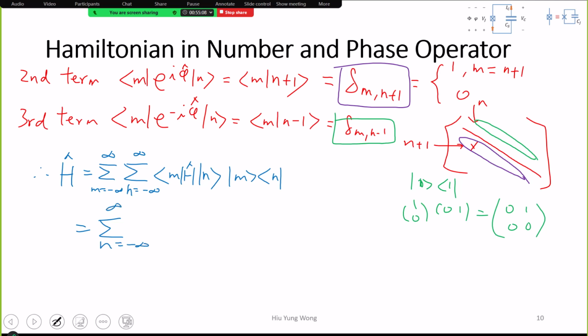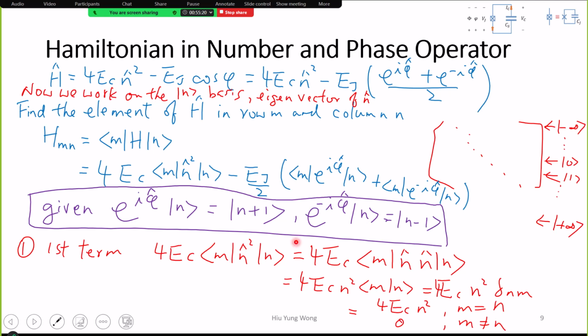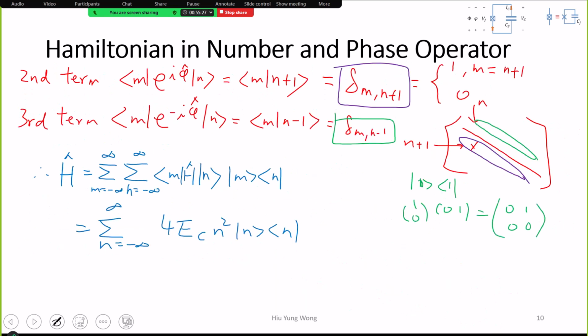And then I plug in. For my first term, it must be E_C n squared, |n><n|. It needs to be n n, because if it is not n n, I will get 0. For the second term and third term, I have E_J divided by 2. And this time, it needs to be n plus 1, n, or n minus 1, n to be non-zero.